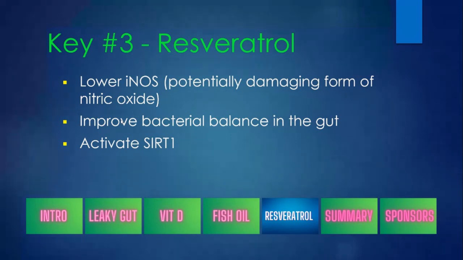SIRT1 also promotes DNA stability, and it's involved in cellular apoptosis, or programmed cell death. And this is a good thing. When our cells reach the end of their life cycle, we don't want them just hanging around, because then you run into this issue called senescence, where your cells don't really function the way they should.